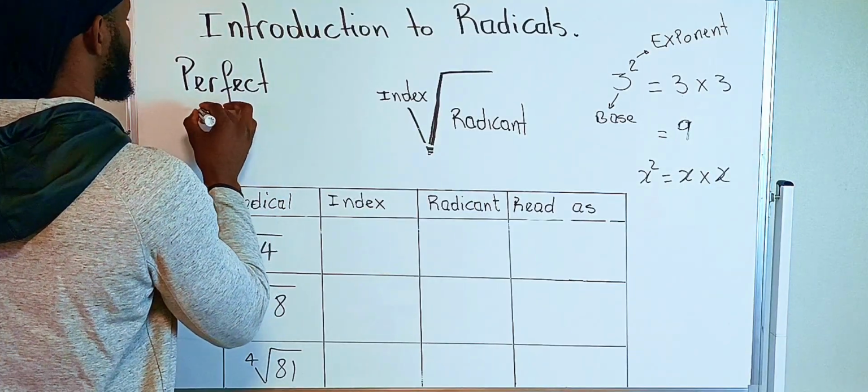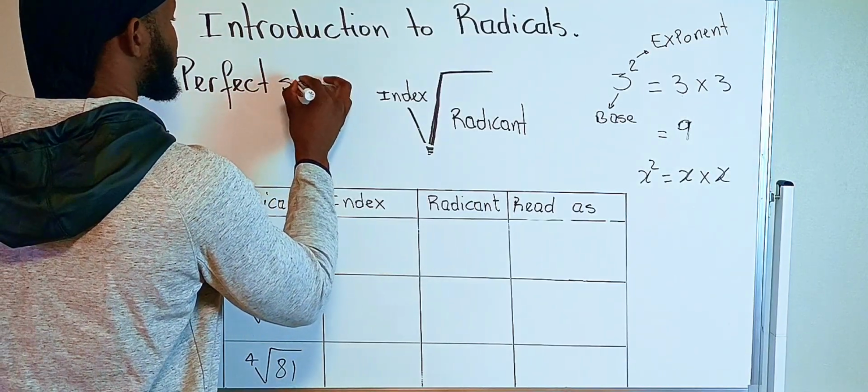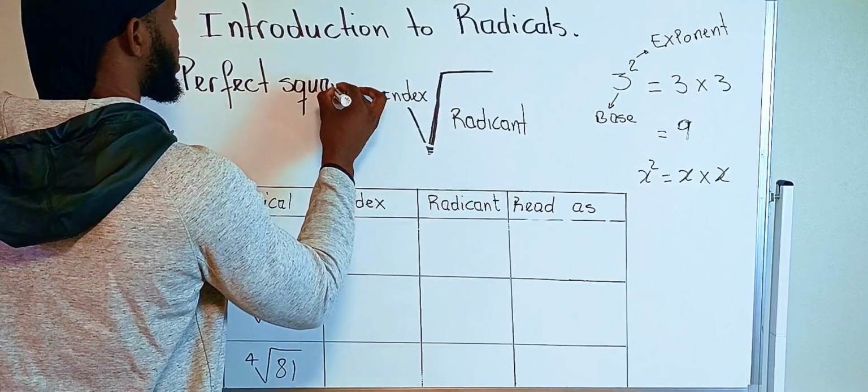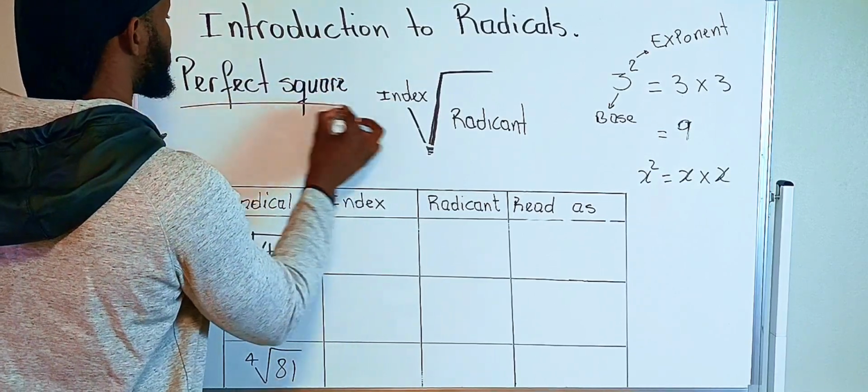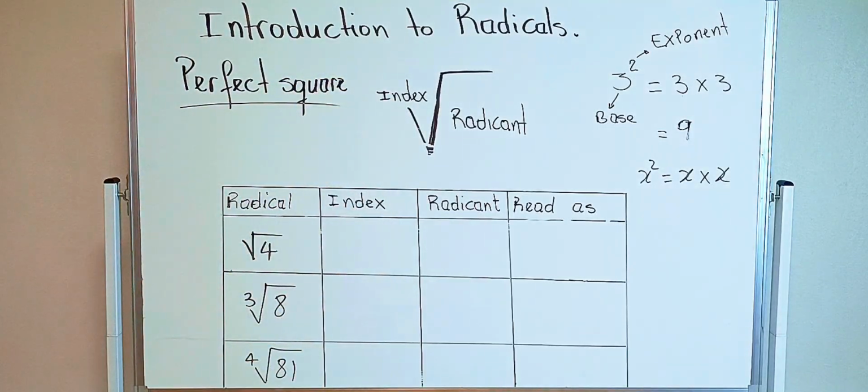This is how we call them. A perfect square is a number or variable that is the product of two identical rational numbers.